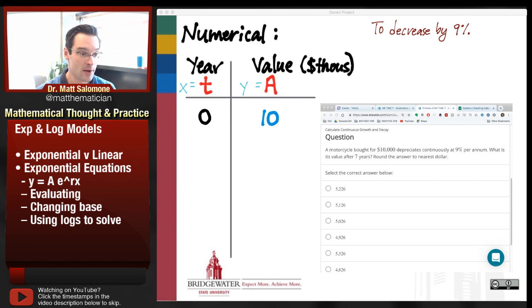So to decrease by 9% is the same thing as to keep 100% minus 9%. In other words, that would be 91% of the original value.